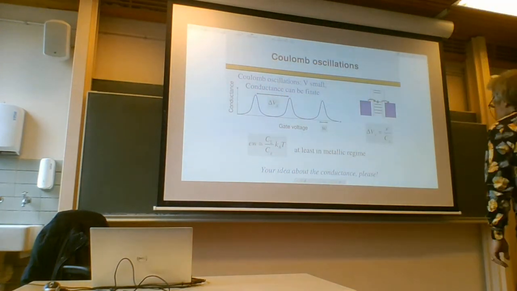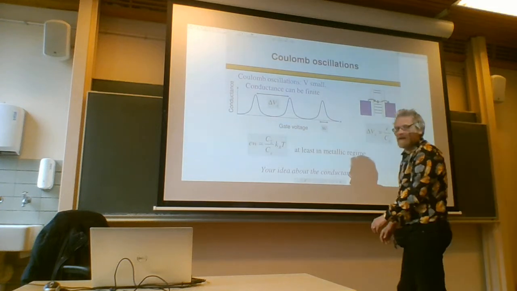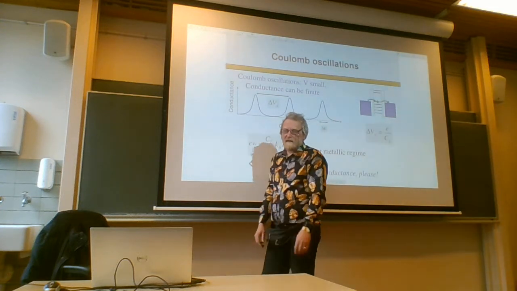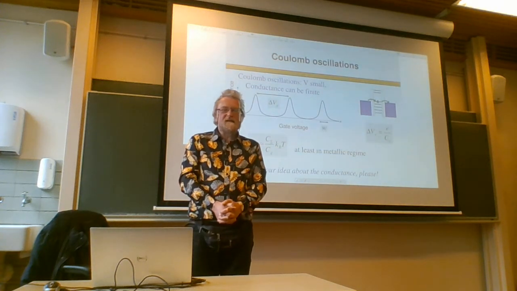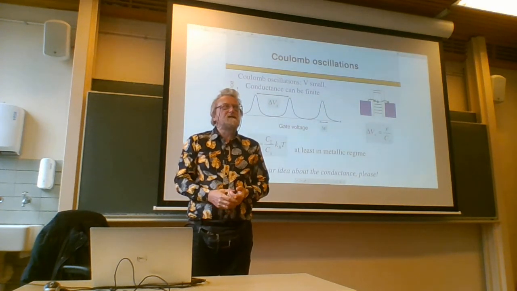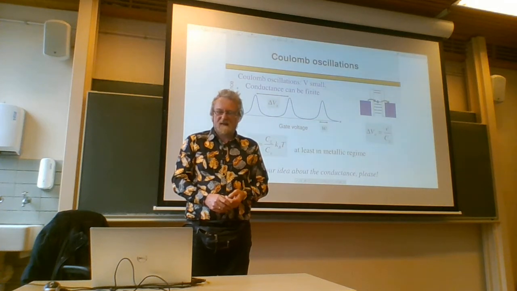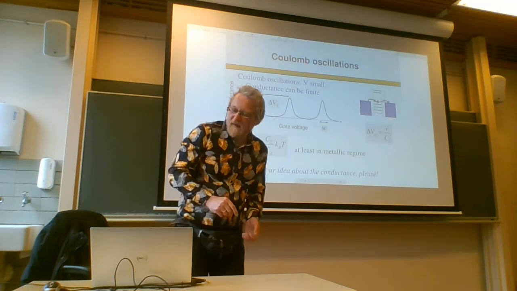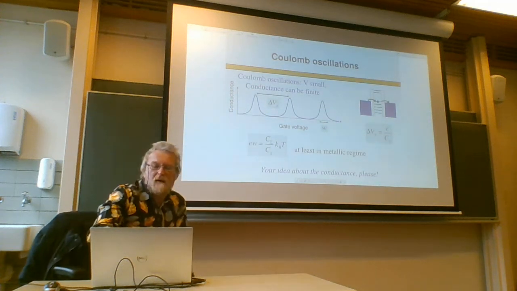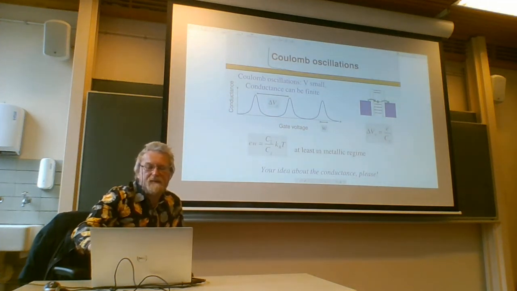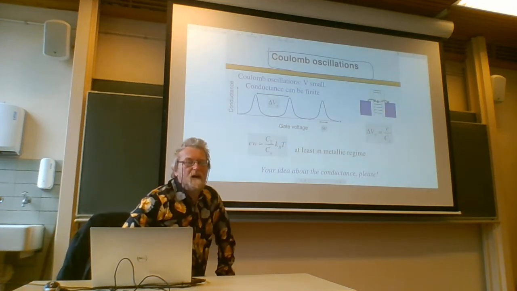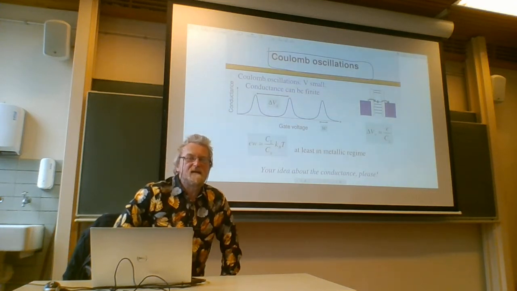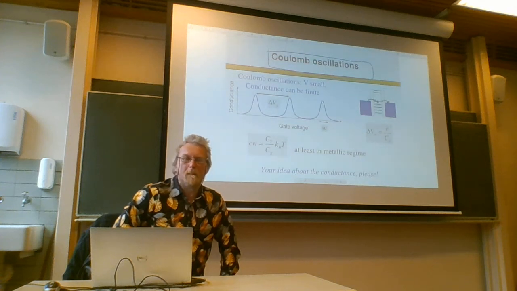Let me look at manifestations of Coulomb blockade transport. First, also it was the first feature which has been revealed experimentally. It's a phenomenon called Coulomb oscillation. In this case, the actual measurement we do is very simple.